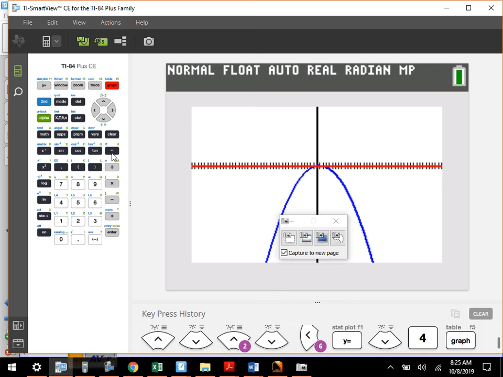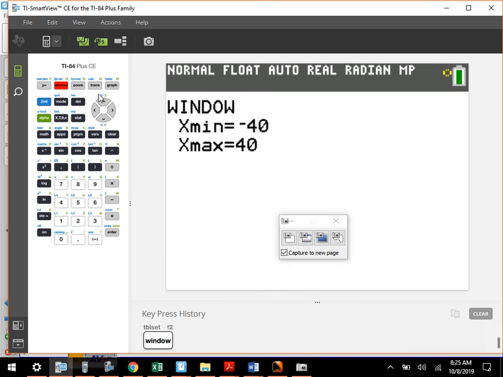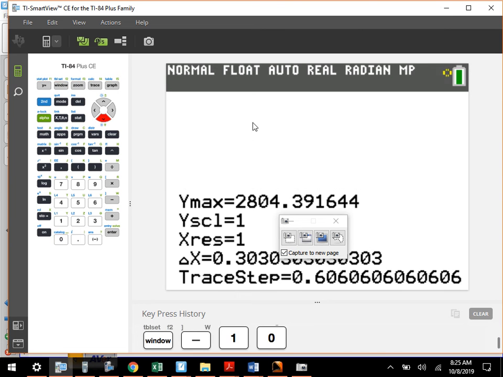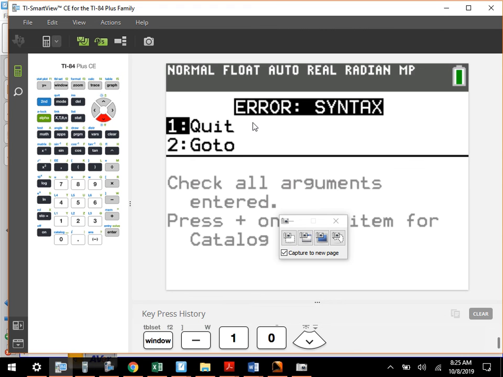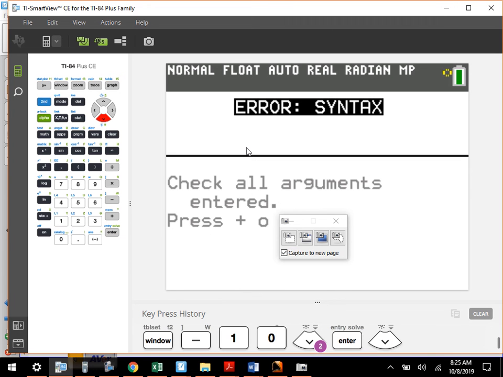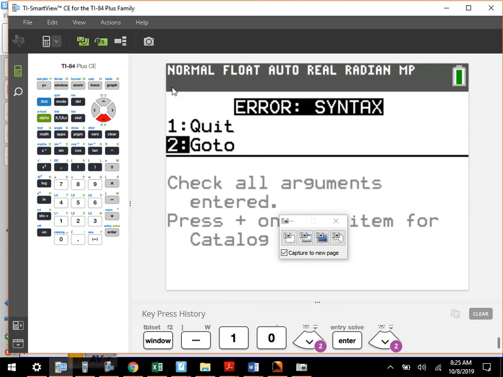You could see that the window's kind of screwed up with all the zooming, so I'll change it really quick. Gosh. Oh my goodness.